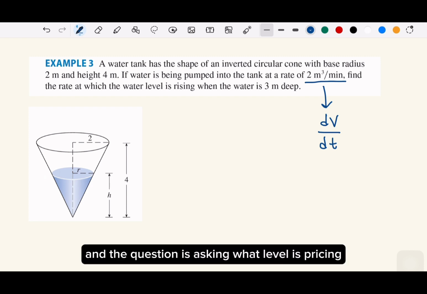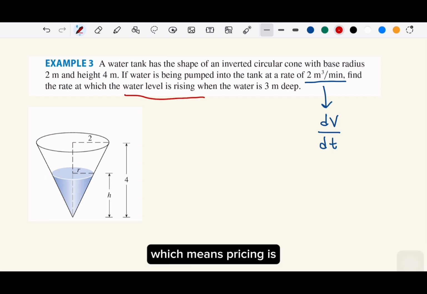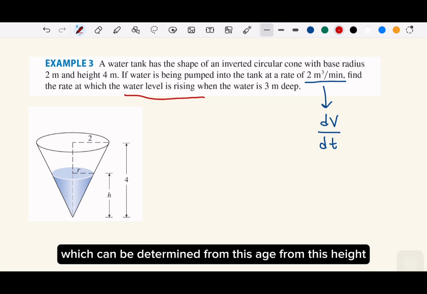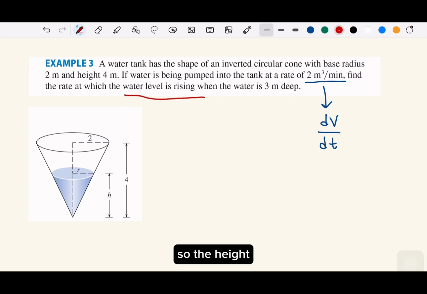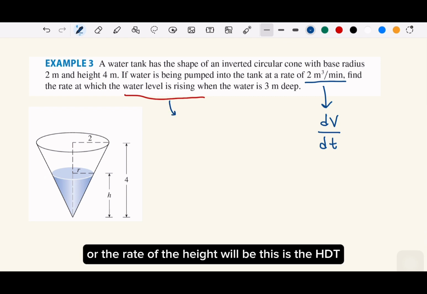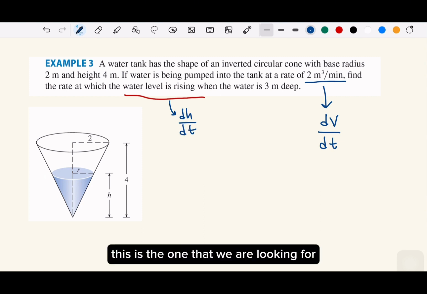And the question is asking, water level is rising, which means rising is this water level here, which can be determined from this H, from the height. So the rate of the height will be dh dt. This is the one that we are looking for.